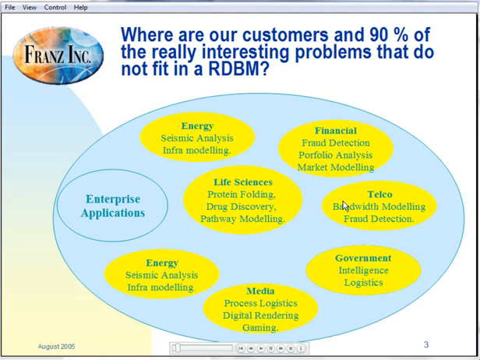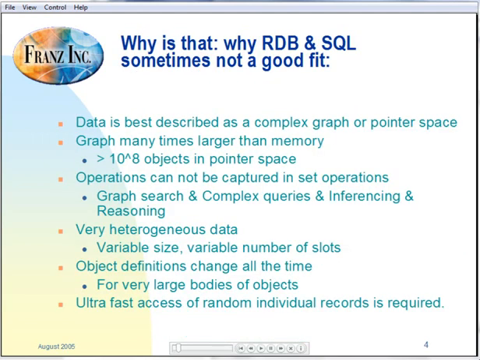And all these customers complain to us that what they try to do just does not fit in a relational database. Now why is that? The reason is that if you look closely at their applications, you see that their data is best described as complex graphs or pointer spaces, and that these graphs are many times larger than memory.